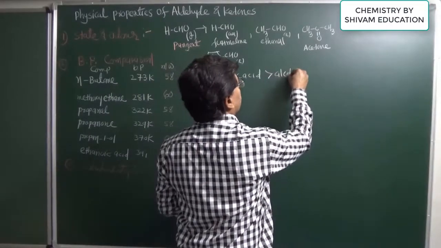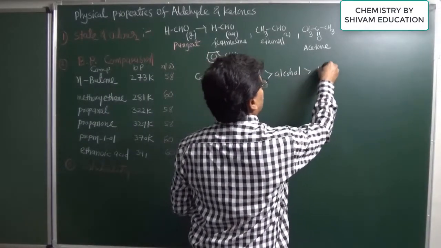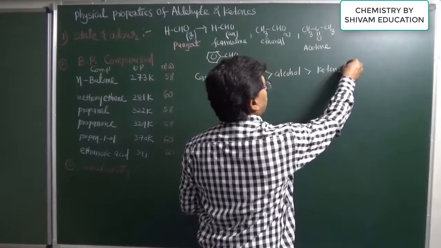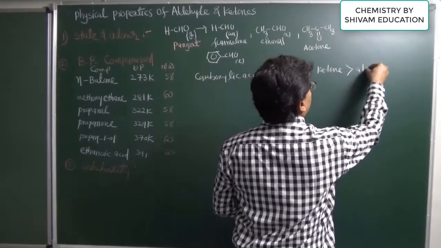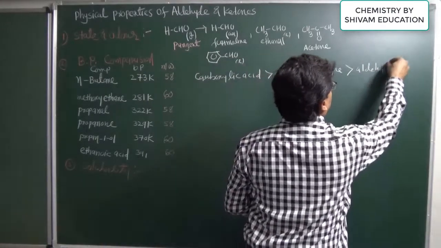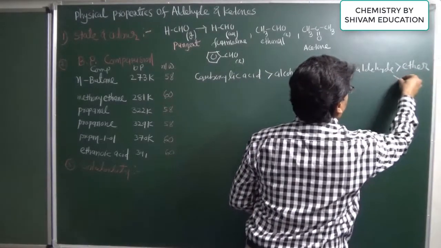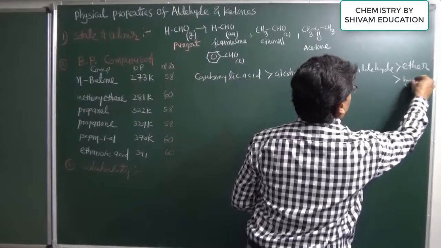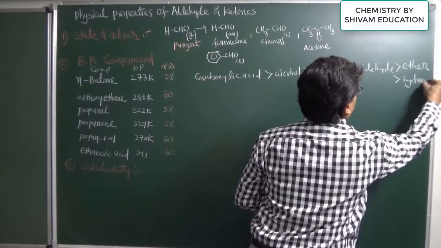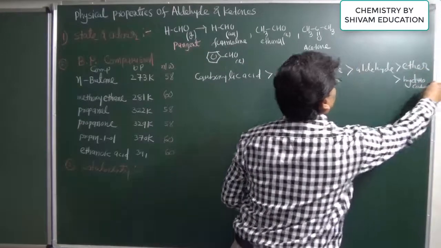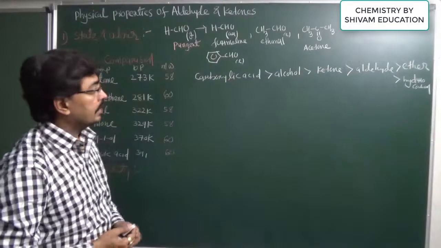Alcohol has a higher boiling point than ketone, and ketone has a higher boiling point as compared to aldehyde, and aldehyde has a higher boiling point as compared to ether, and last, ether has a higher boiling point as compared to hydrocarbon. So a question should arise in your mind.